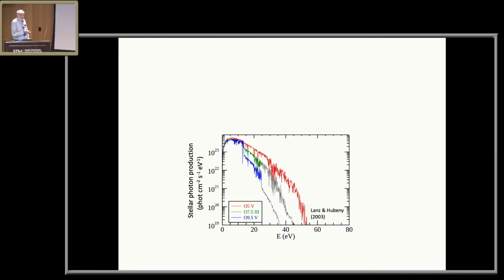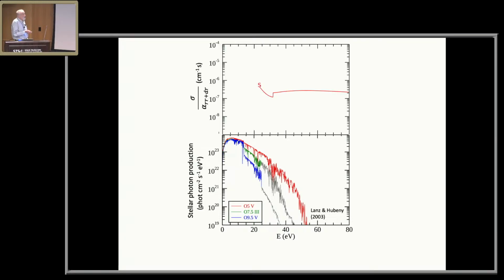If you look at the spectrum of a star, here's a plot of the photon flux as a function of energy for stars of different temperatures. And then I plot above it the photoionization cross-section divided by the total recombination coefficients.